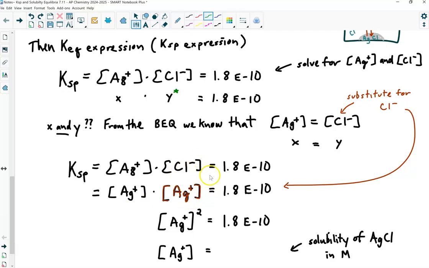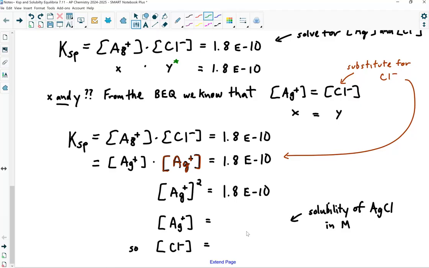I could actually do it the other way. I could say chloride ion times chloride ion, but I just did it this way. And so basically now you have x squared equals the Ksp. Yeah, it's pretty simple in the final estimation. All right. So the silver ion squared. If anybody has a calculator, I'm going to get the square root here in a second.